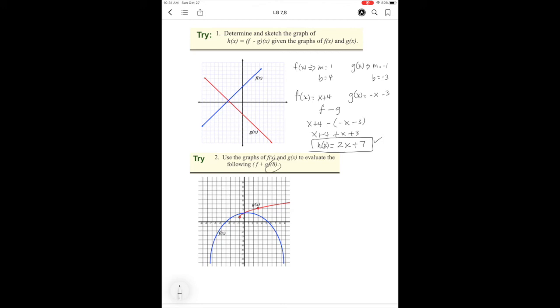And the second one, we're drawing a line at 8. And there is the answer for the second one. Hopefully you did well.